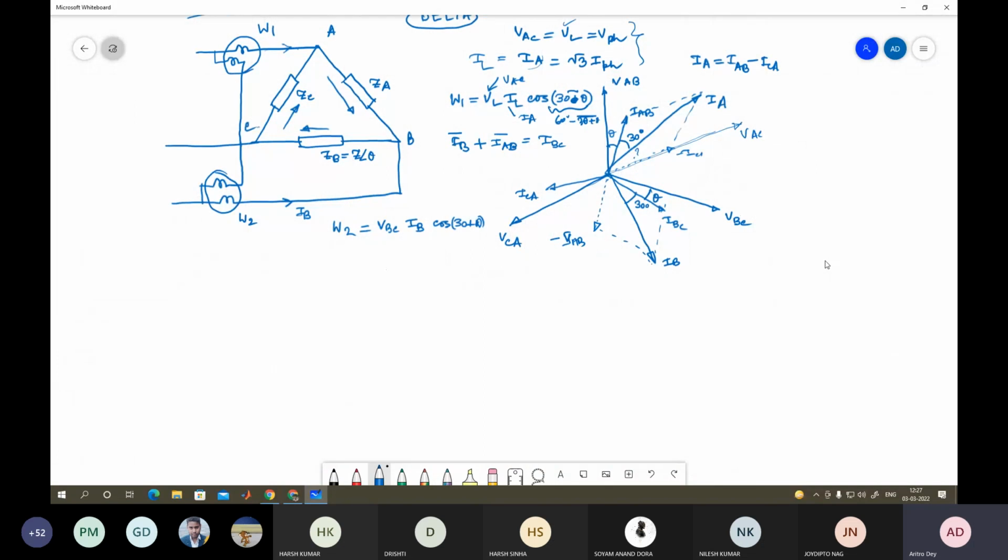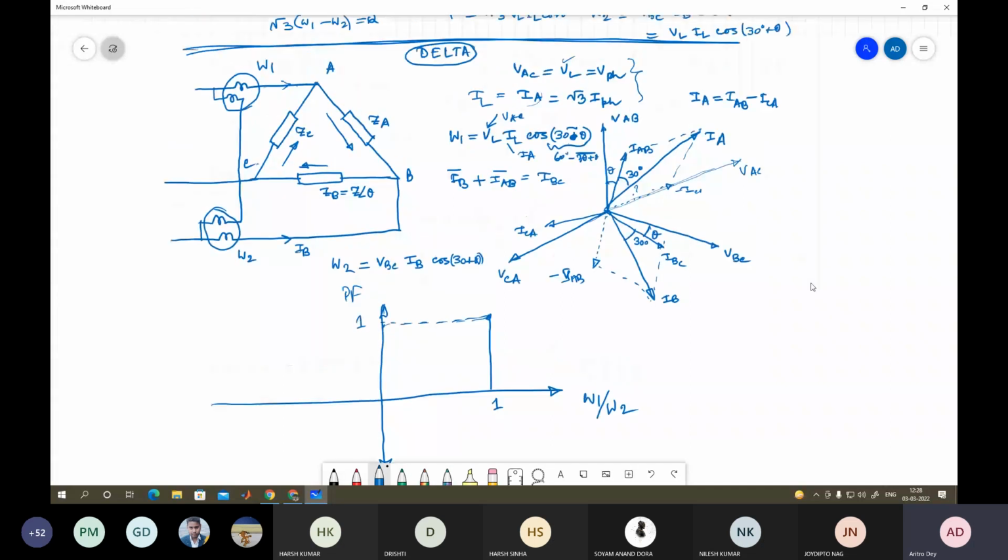And now you check, if we just want to plot the ratio between W1 and W2 and the PF. When will your PF be 1? When W1 is equal to W2. So this is 1, this is also 1. When will your PF be 0?